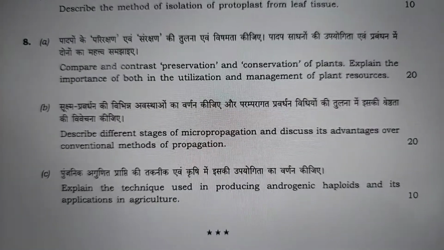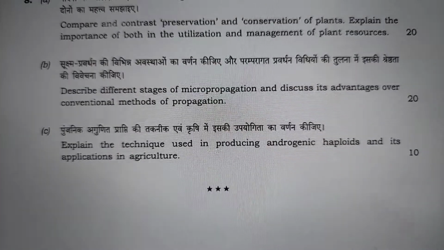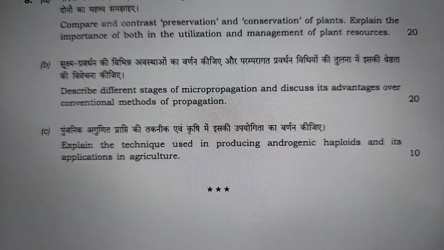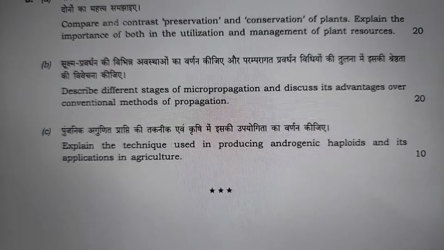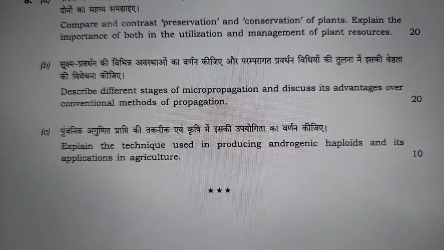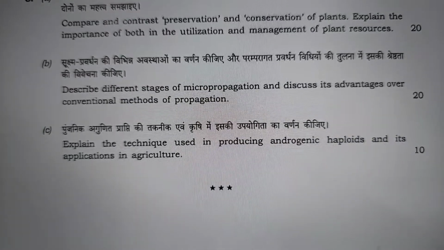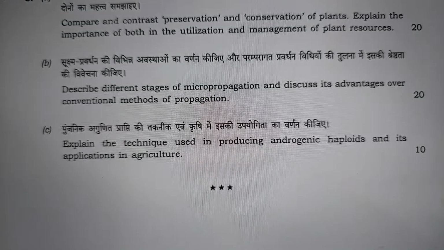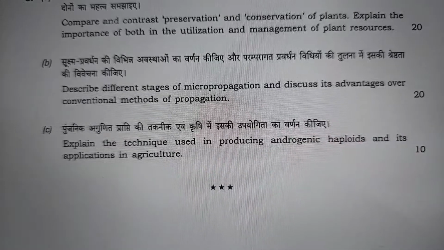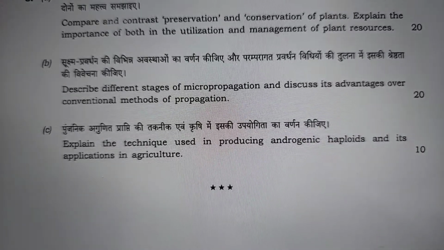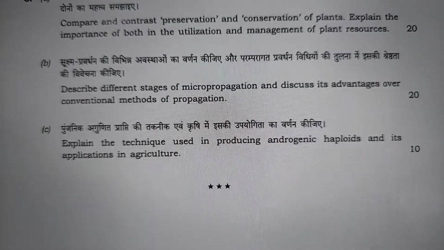C is explain the technique used in producing androgenic haploids, that means from pollen culture, maybe. Yes, haploid, pollen, androgenic means male, so pollen culture and its application in agriculture, 10 marks.